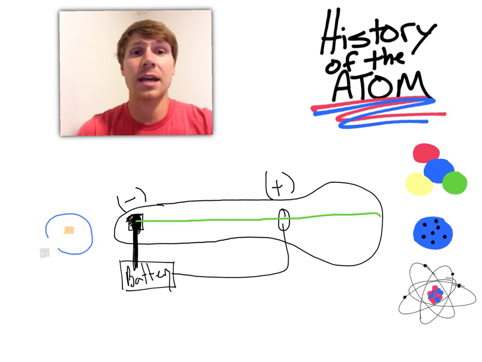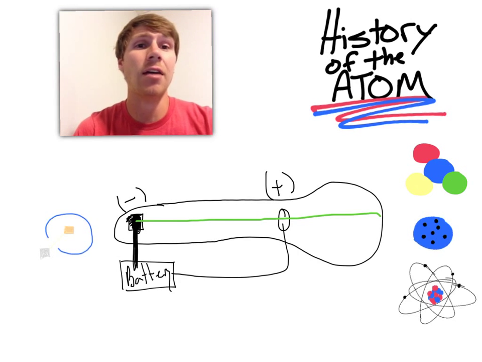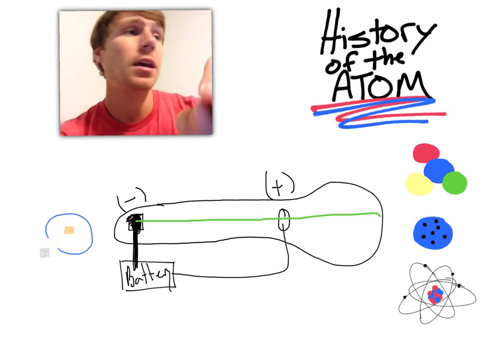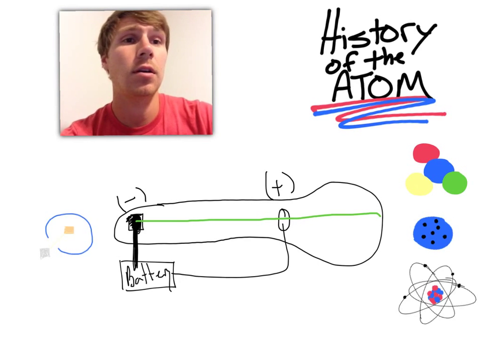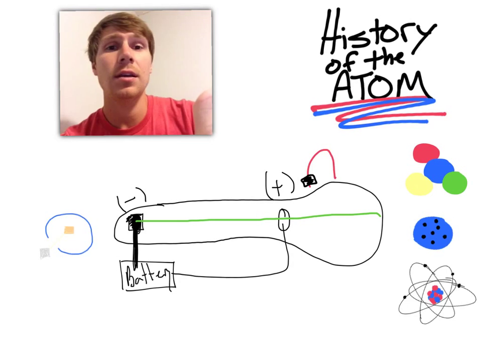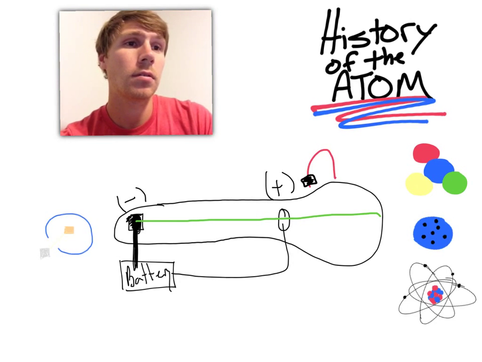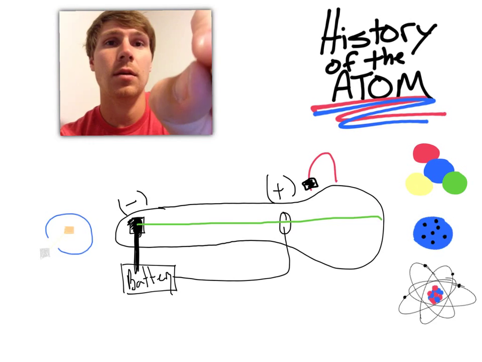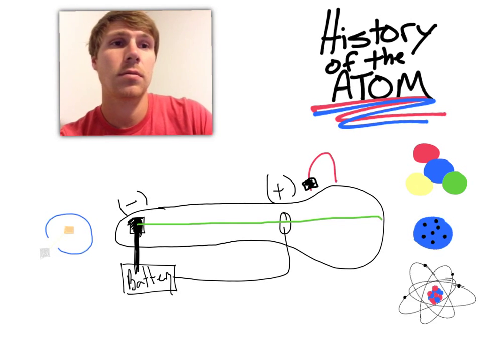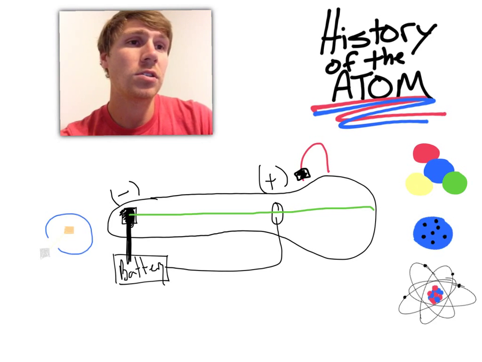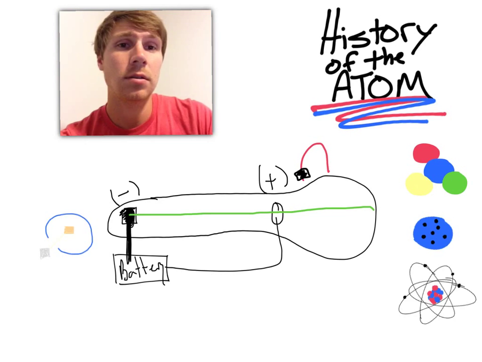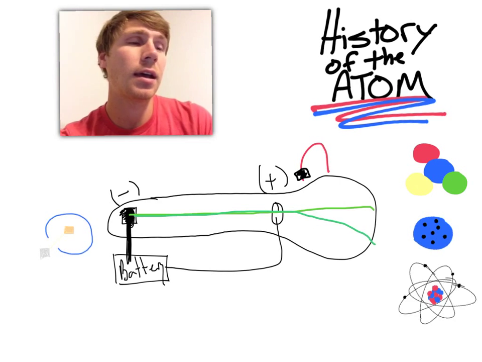They knew that it wasn't an entire atom, that it was just the electrons, and how they knew specifically that there was a negative part to this is because when they held a magnet up to it, instead of going straight across, it actually pushed it down.